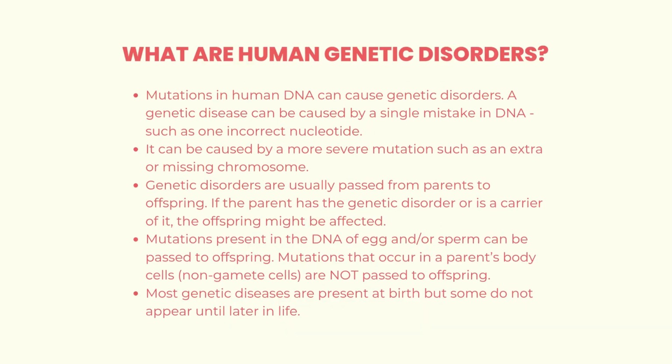So let's get right into it with what are human genetic disorders. These genetic disorders are coming from mutations in human DNA. Recall that a mutation can be caused by a single mistake in the DNA replication process or during meiosis in that process as well. And so when there is a mutation in a person's DNA, these can be inherited from parents to offspring.